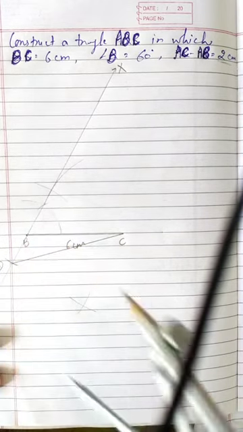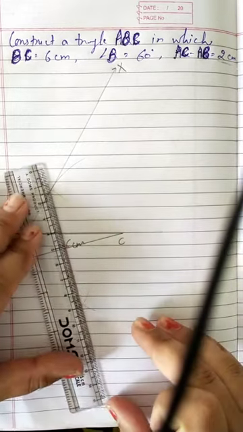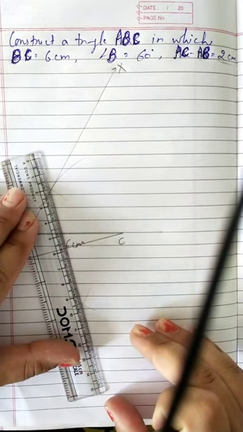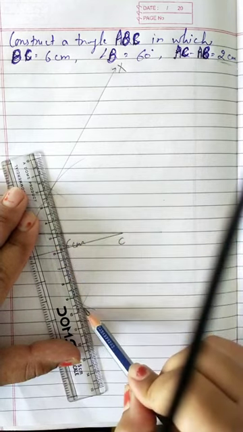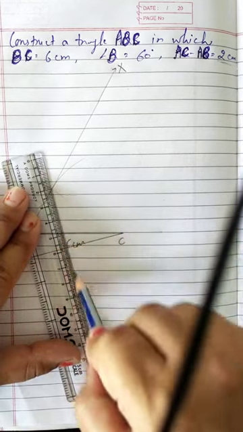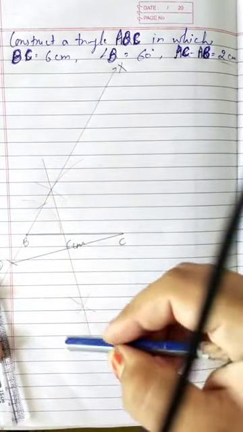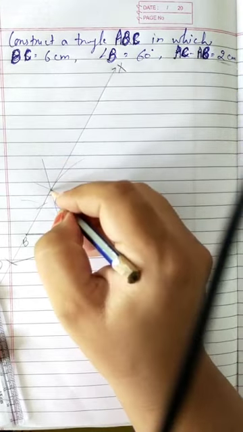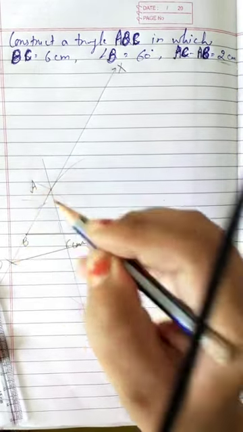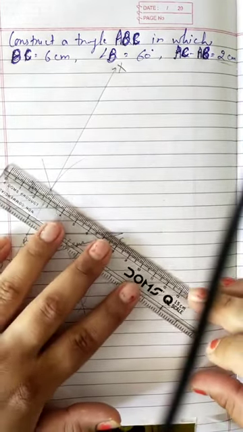Now we'll join these two intersection points. Wherever it intersects, this perpendicular bisector will intersect somewhere on this ray BX. Name that point as A. So now ABC is the required triangle.